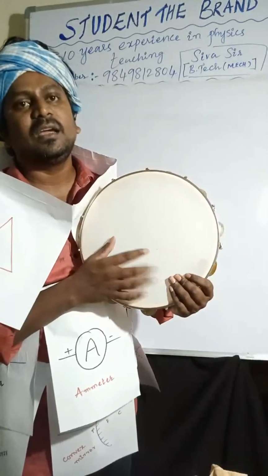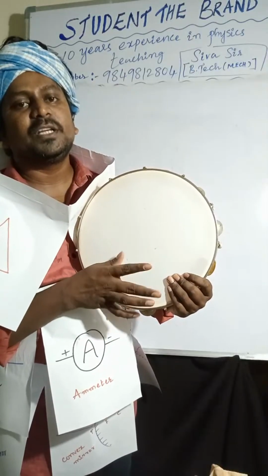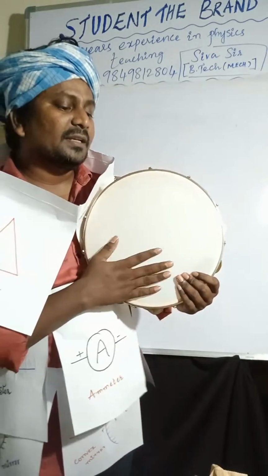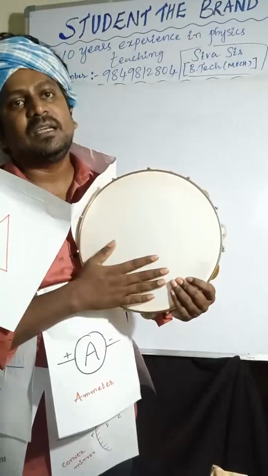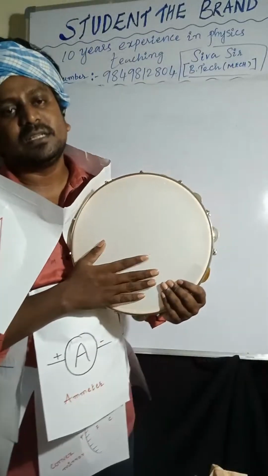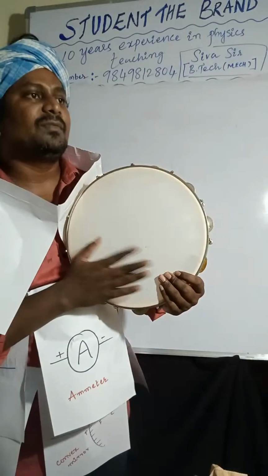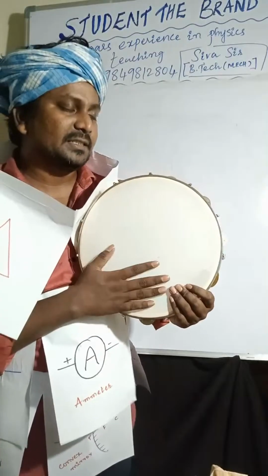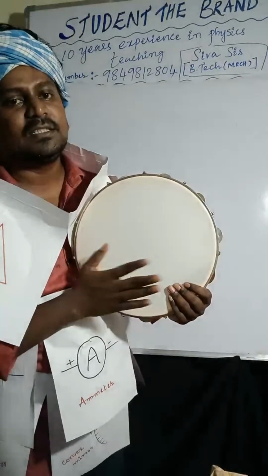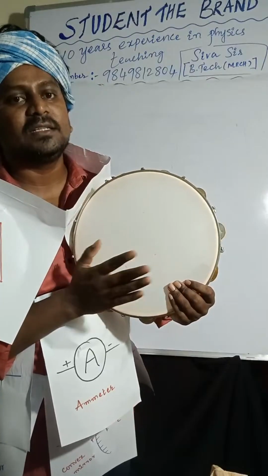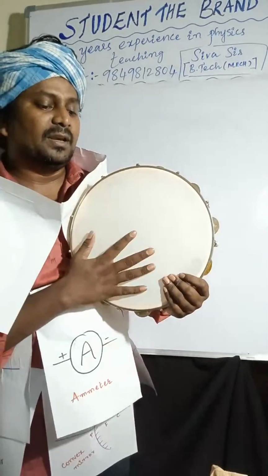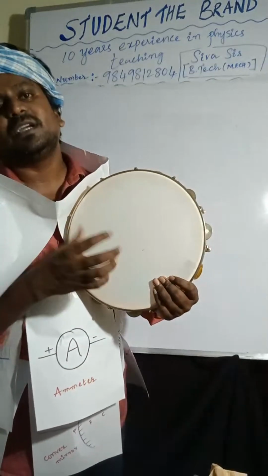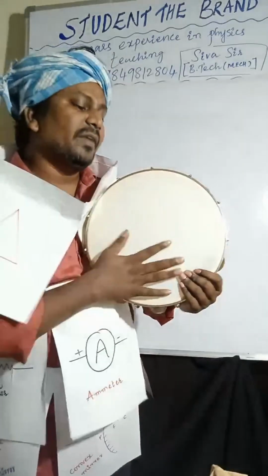Distances are negative below the principal axis. New Cartesian sign convention.